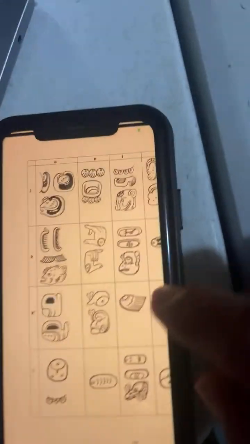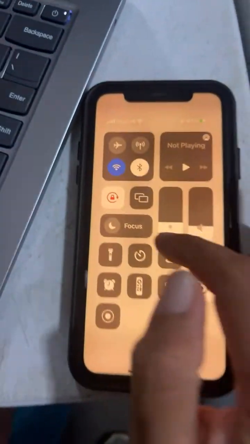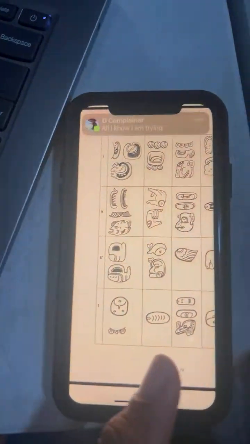Oh, only those three? Yes, because, so hold on. Put your phone down. I'll flip this so I could show everybody too. All right.